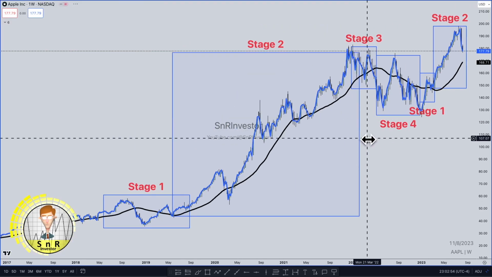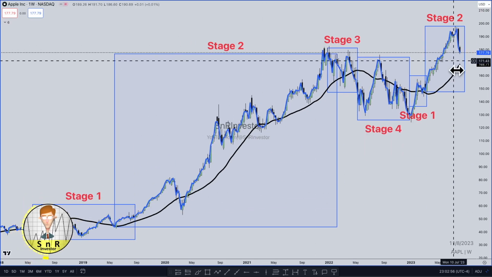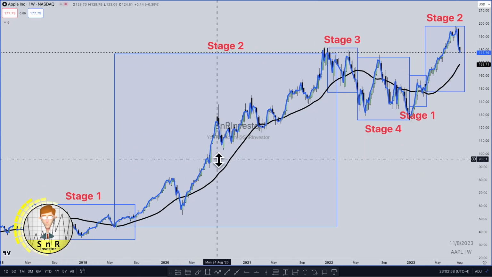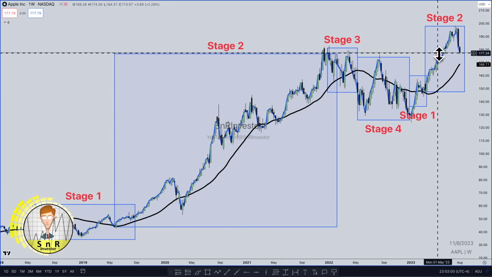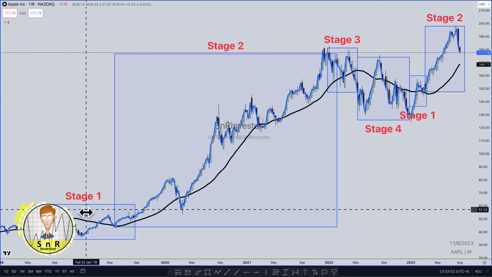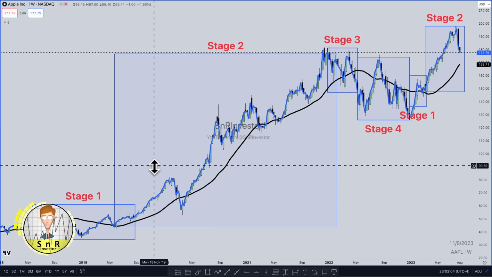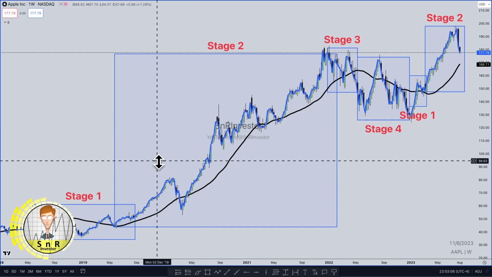So if you were to look at the overall bigger picture, Apple has been moving on an uptrend, and you can see over here the stages can come in different magnitude, and it's not like the diagrams that I have shown earlier.